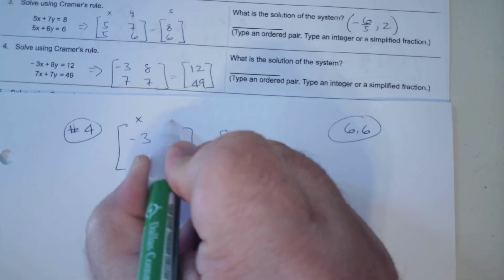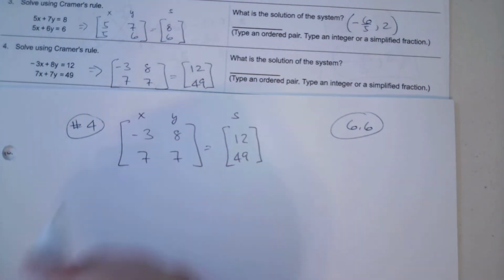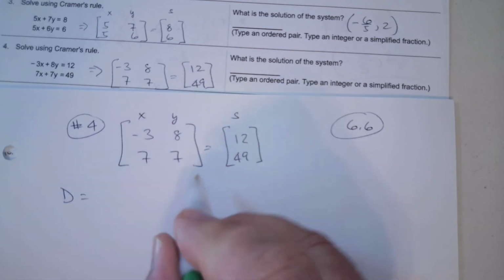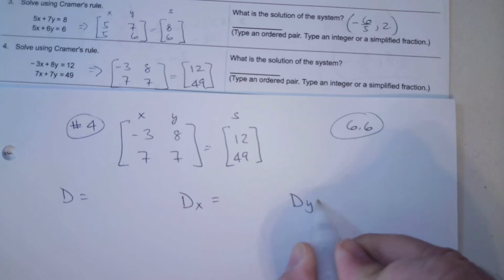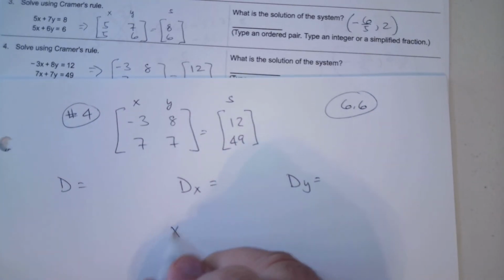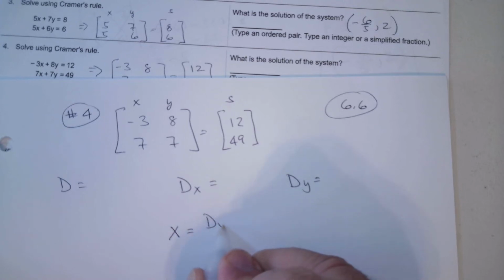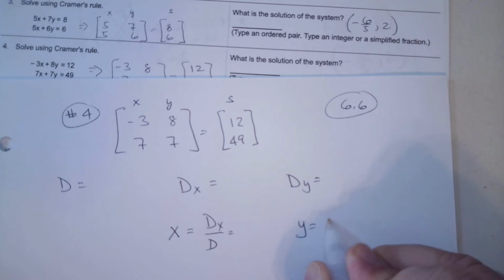Right, this is x, this is y, these are my solutions. So the first thing, I have to find my d, my dx, and my dy. Once I find those, then I know x is dx over d, and y is dy over d.